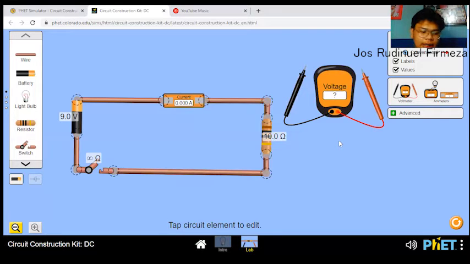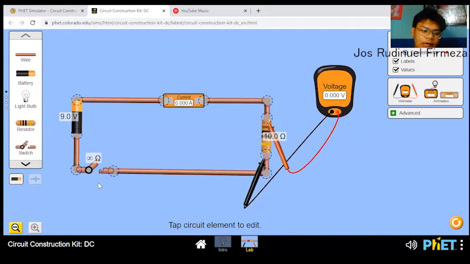The next thing the group should do is place the voltmeter's probes on the broken circles along the ammeter to determine its voltage.